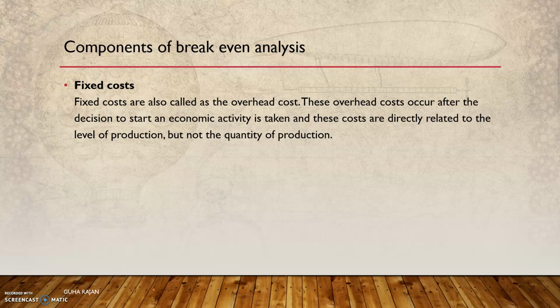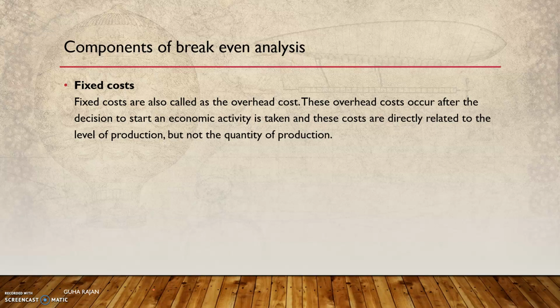Even if you are going to produce only just one unit, there is going to be cost incurred in case of the land, building, the machinery which needs to be used for producing it. Maybe the rent for the building, it's going to happen whether you manufacture or if you don't even manufacture the product.